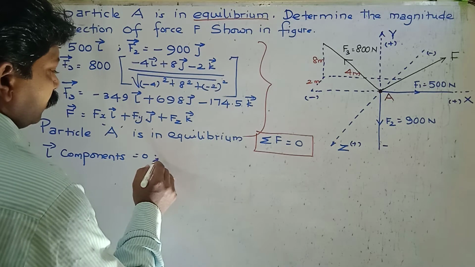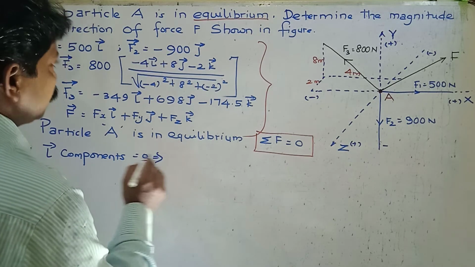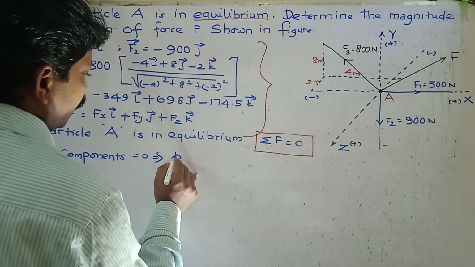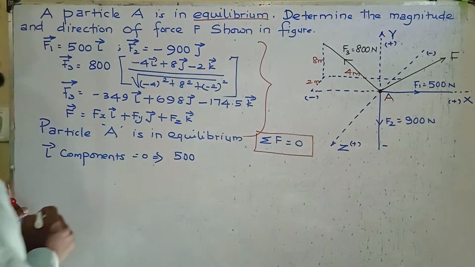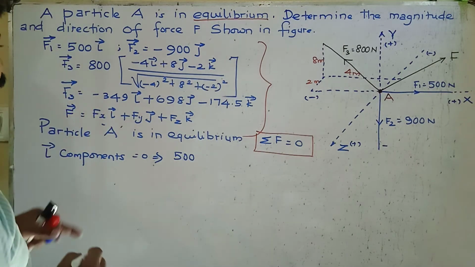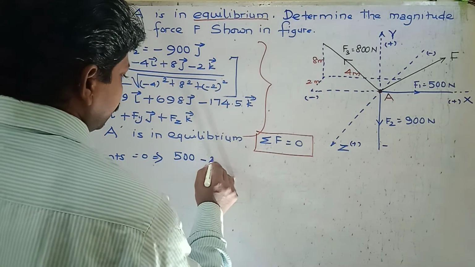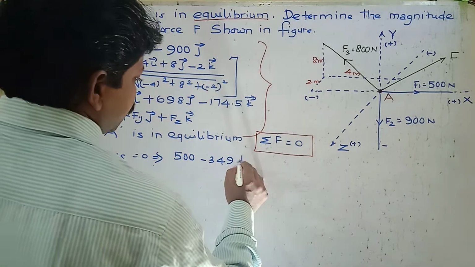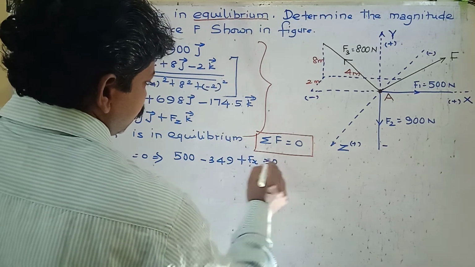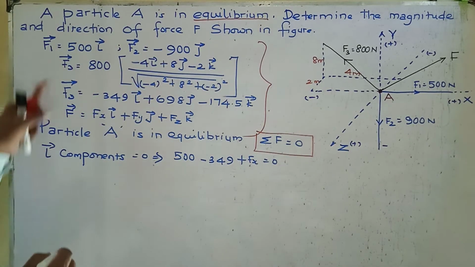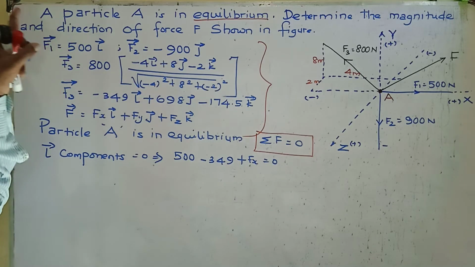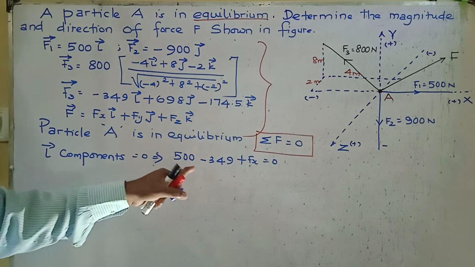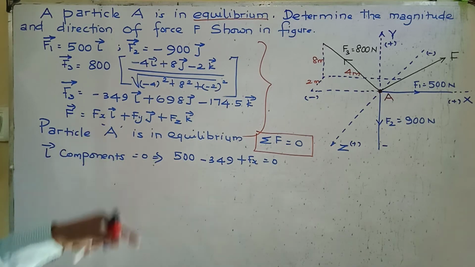So while equating the i vector components to 0: 500 minus 349 plus Fx equals 0. In the first force there is 500 i vector, the second force has no i vector component, the third force has minus 349, and the fifth force Fx.